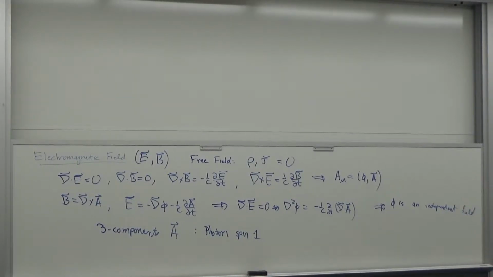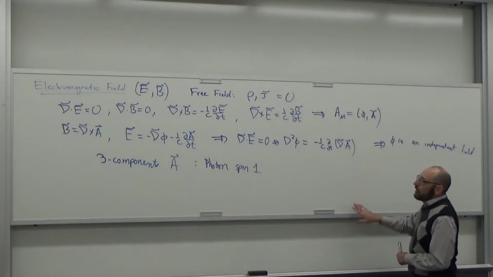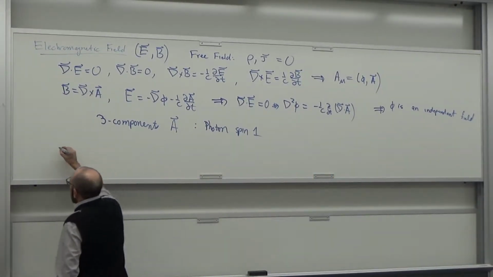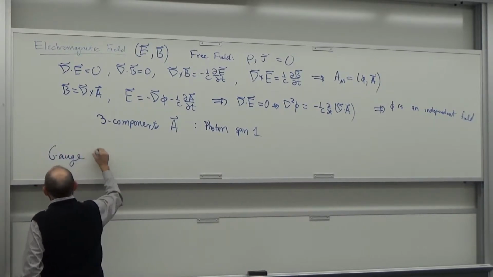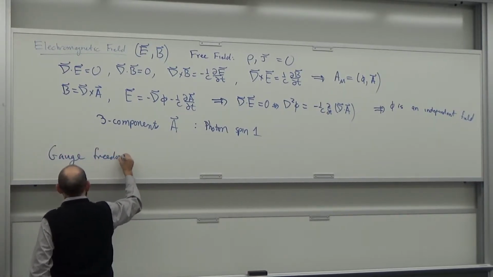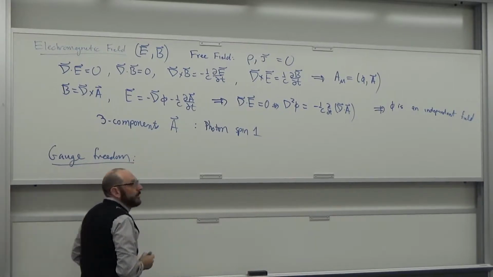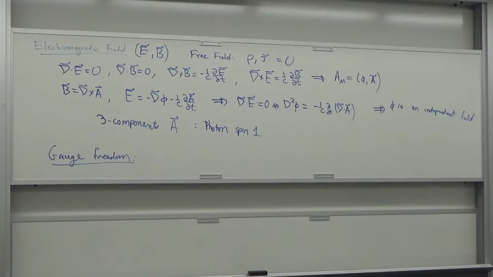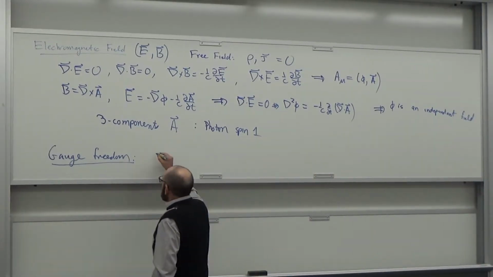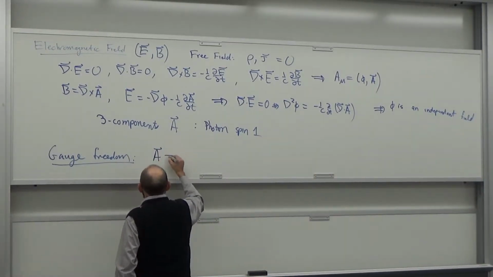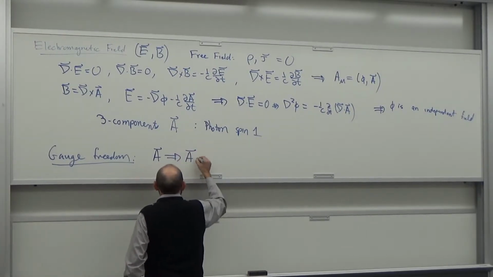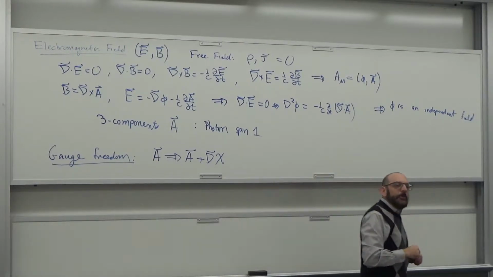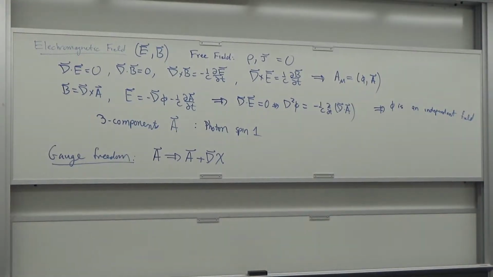Now, importantly, we also know we have gauge freedom, which is to say that if I make a transformation whereby I add to the vector potential the gradient of any scalar chi, I do not change E and B, right?